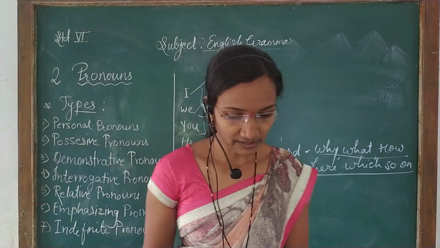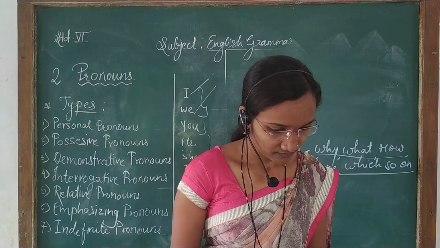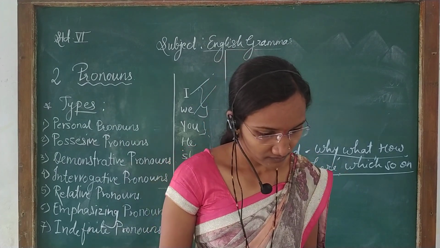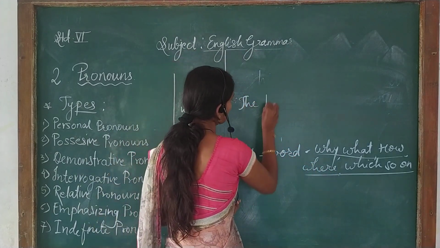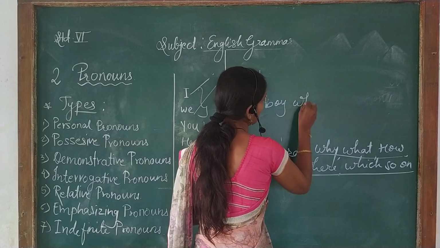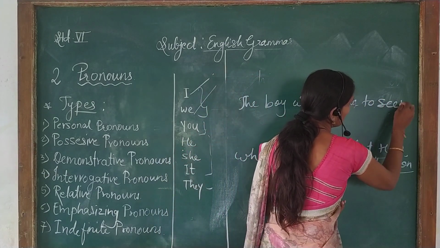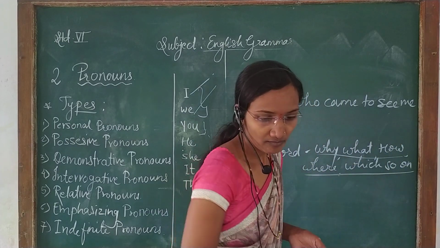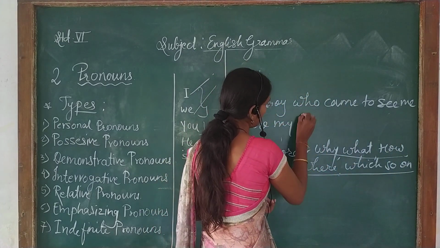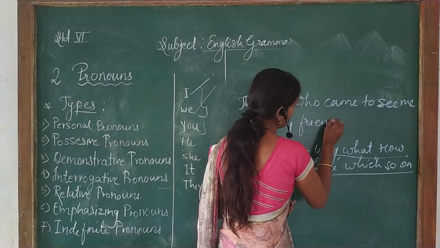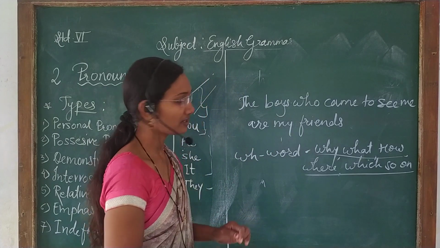So for example, see, the boys who came to see me are my friends. Boys here, see, because "are" is used here, plural form.